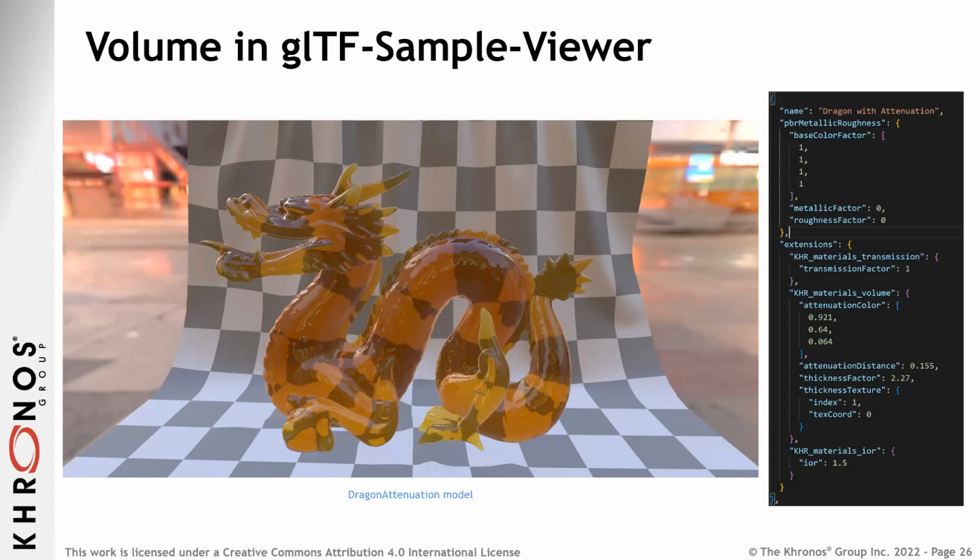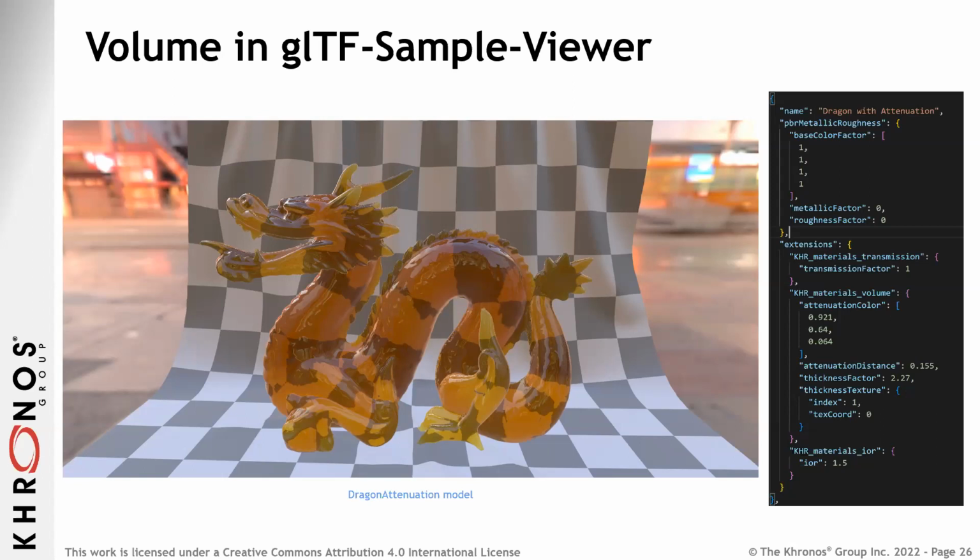And then one other thing I want to point out is that in this sample model, we can see here that I have the IOR set to 1.5. That is the default value. So it doesn't have to be specified here. I just wanted to include it for completeness, just to let you know that it is an important configurable property for the volume extension, or that can be used by the volume extension. But let's talk about the volume extension.